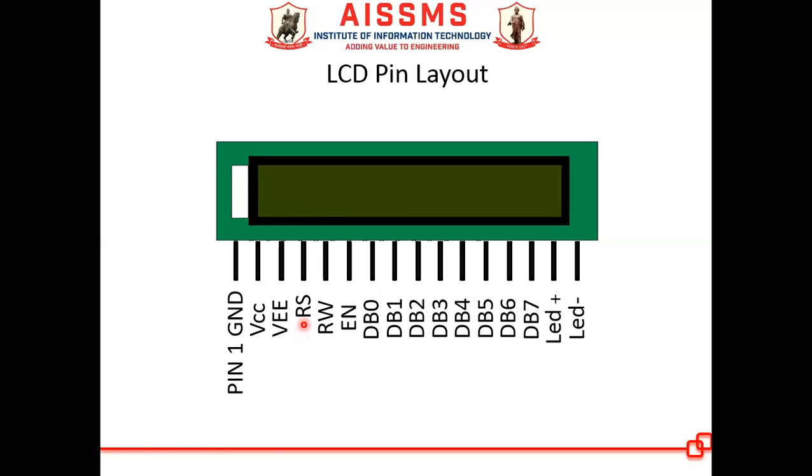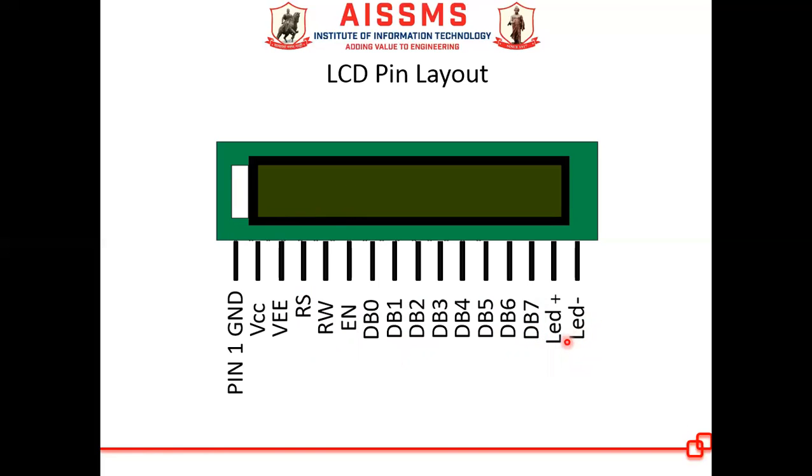RS pin is the register select pin. We'll see the detail of this pin in the next slide. RW is the read write pin. Then you have an enable pin followed by 8 bits of data bus or data lines which are there for an LCD.